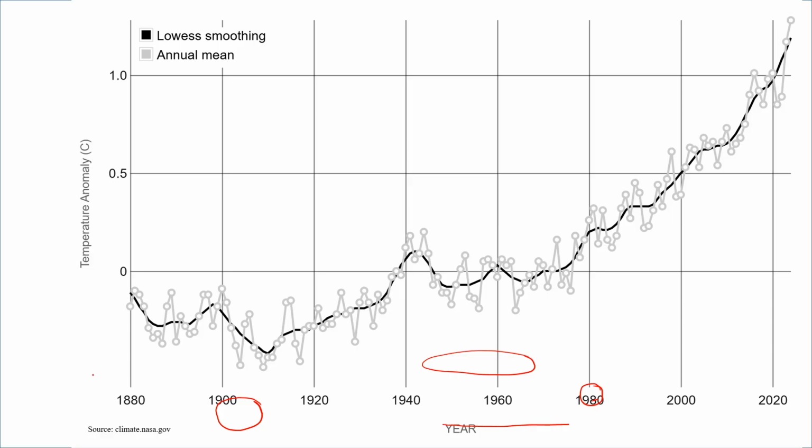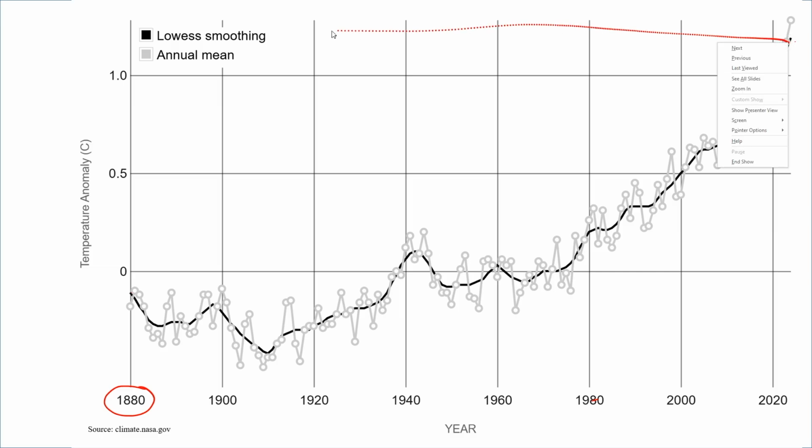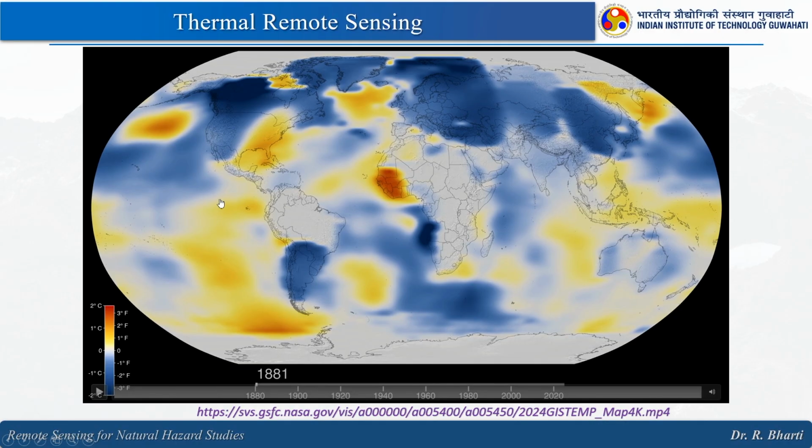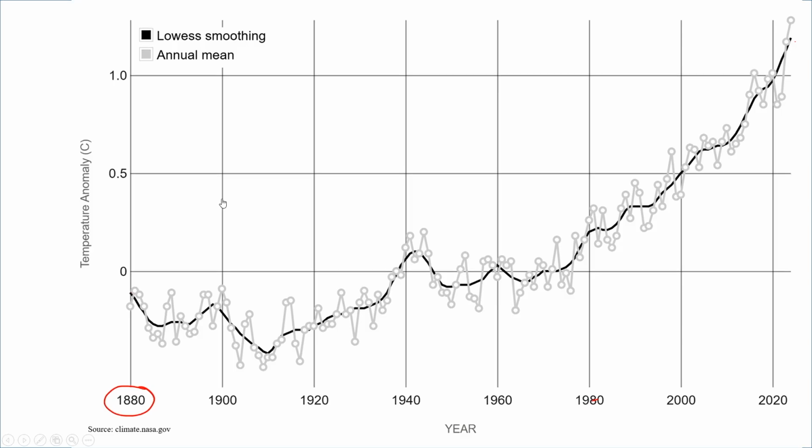This graph is the summary of the previous video, and here you can see that how temperature is changing since 1980. This is 2024. If you see the anomaly is coming around here, right. So, anomaly is not that much, right.